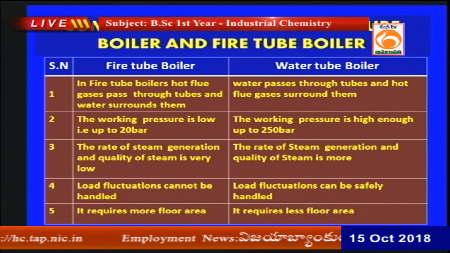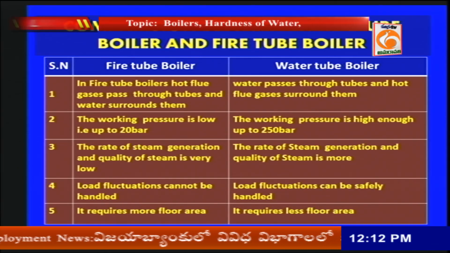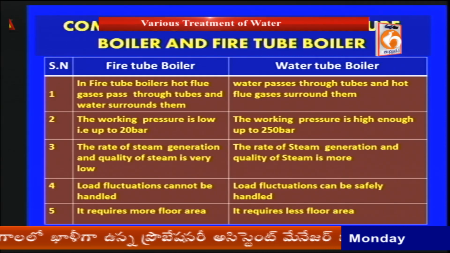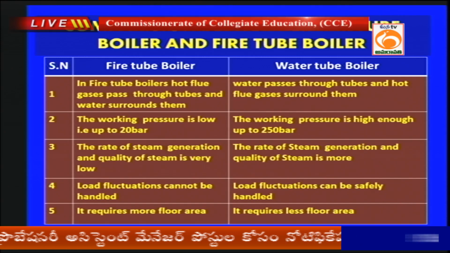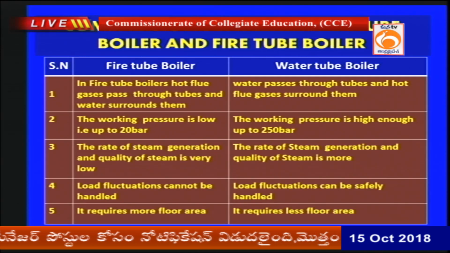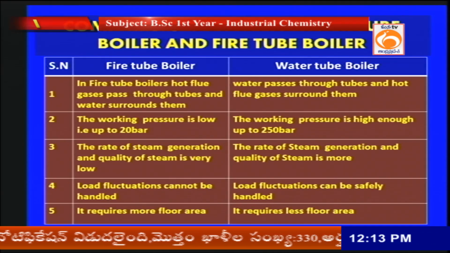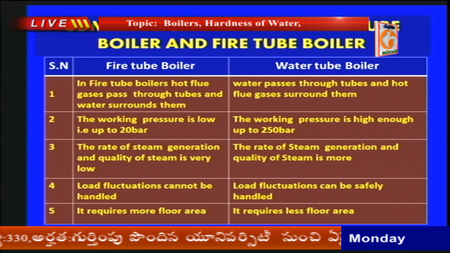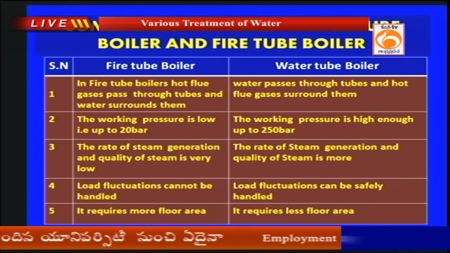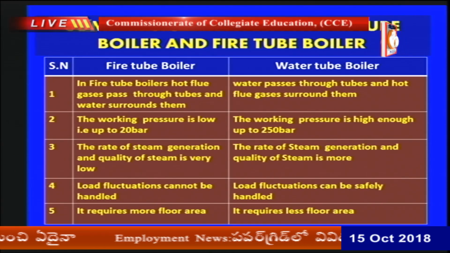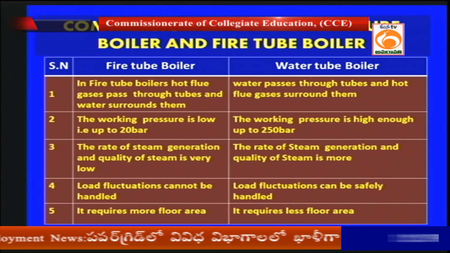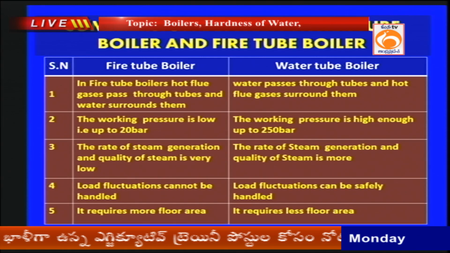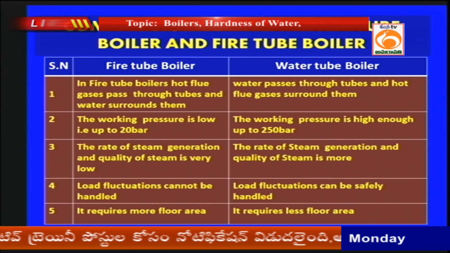The working pressure of the fire tube boiler is very low, only 20 bar, whereas the working pressure is high in the water tube boiler. The rate of steam generation and the quality of steam are low in the fire tube boiler, whereas they are higher in the water tube boiler.